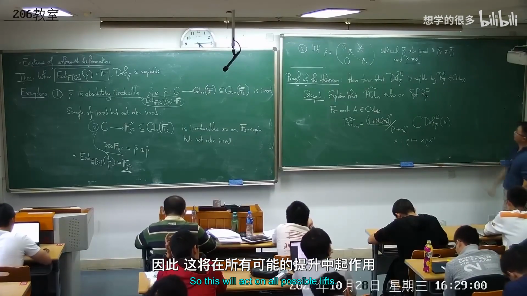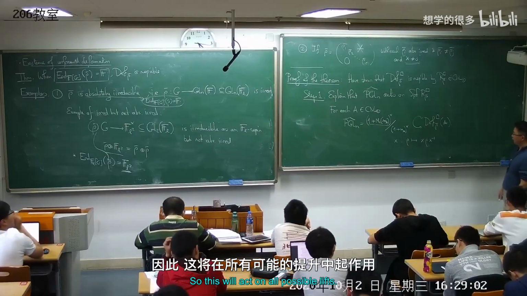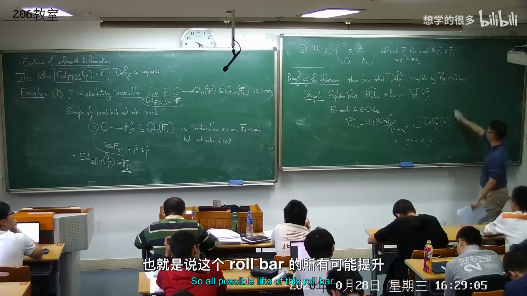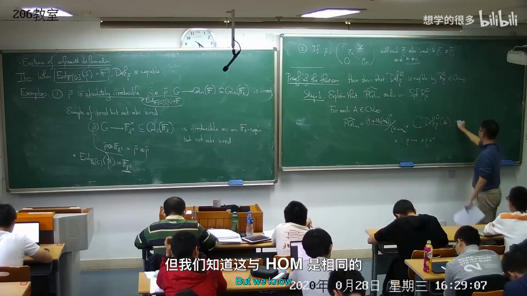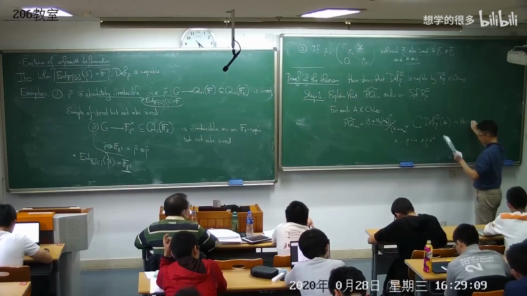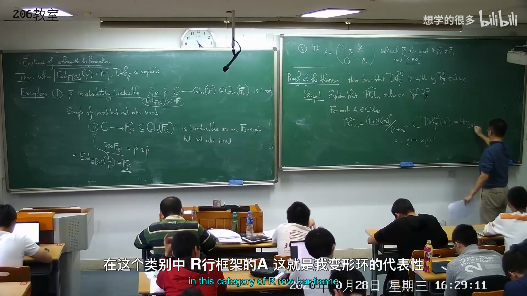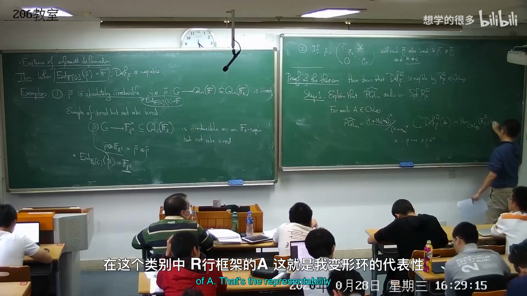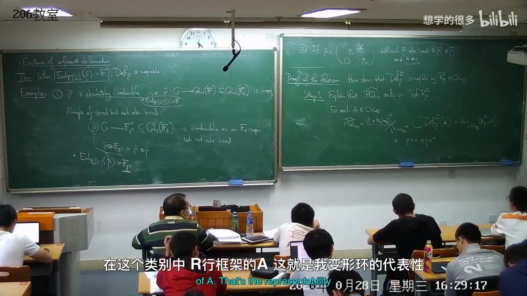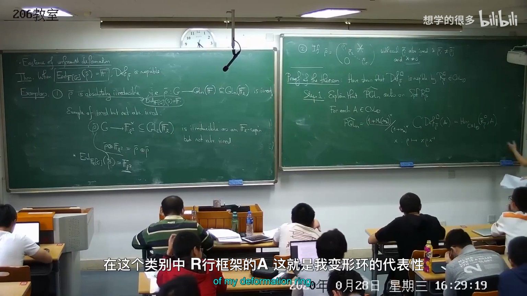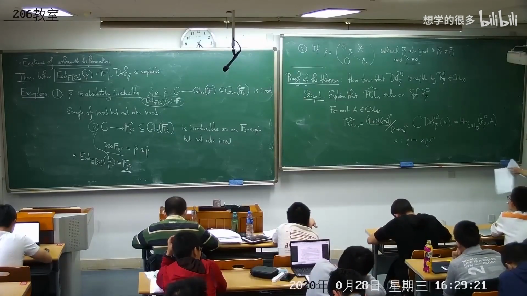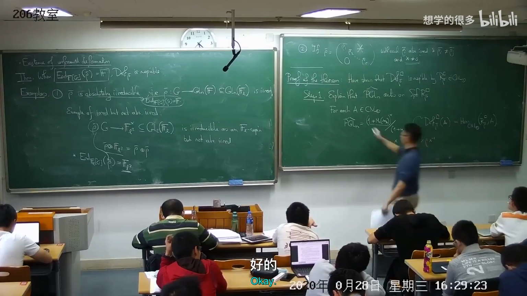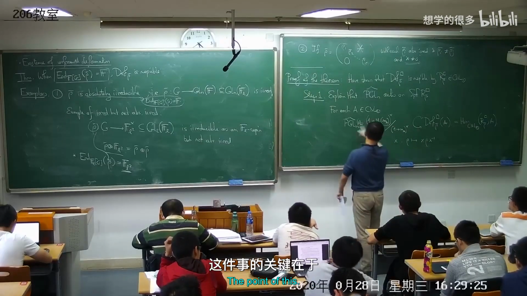So this will act on all possible lifts of this rho bar. But we know that this is the same thing as Hom in this category of R rho bar frame of A. That's the representability of my deformation ring. Excuse me, this is the A point of this.